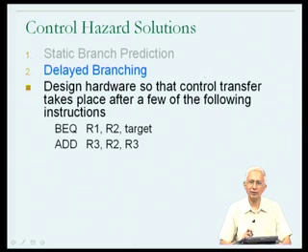As a simple example, let us suppose that I design the processor pipeline so that after the branch if equal to 0 instruction, which is going to transfer control to target if R1 is equal to R2, the control transfer to the target address will take place only after the add instruction which follows the branch instruction is executed.